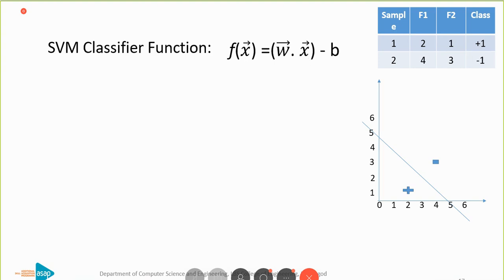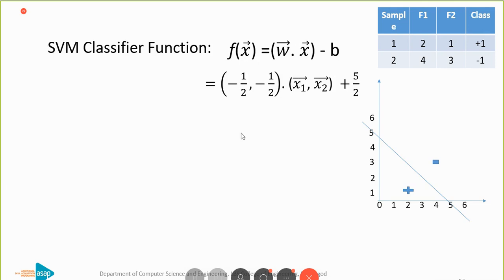Minus B. So I'm substituting the values of W and B into this equation. It will be minus 1 by 2, minus 1 by 2, taking the dot product of W with x1, x2. The value of B is minus 5 by 2, so it becomes plus 5 by 2. So minus 1 by 2 x1, minus 1 by 2 x2, plus 5 by 2.